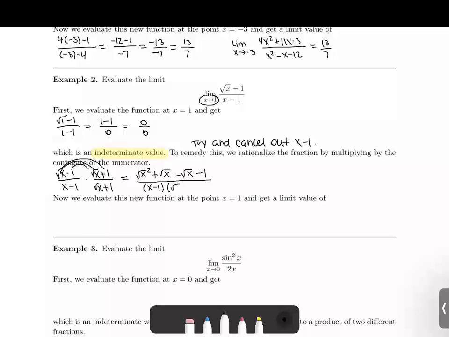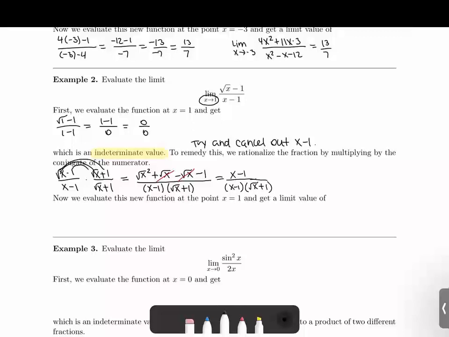I'm going to leave my denominator factored because I know I'm going to try and cancel out that x minus 1 that's there. So whenever we rationalize, our numerator, our middle terms should always cancel out. And that's how we pick what we multiply by. And then whenever I do the square root of x squared, I'm just going to get an x because my square root and my square are inverse operations that are going to cancel out.